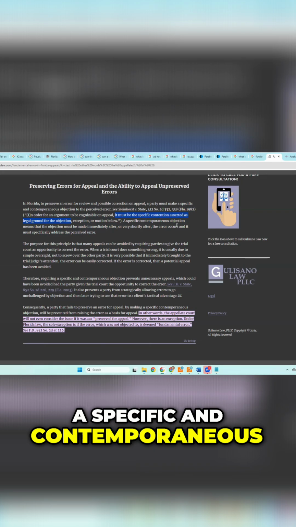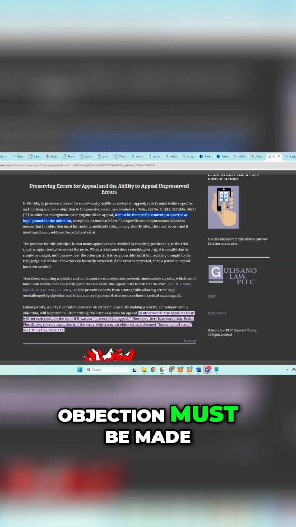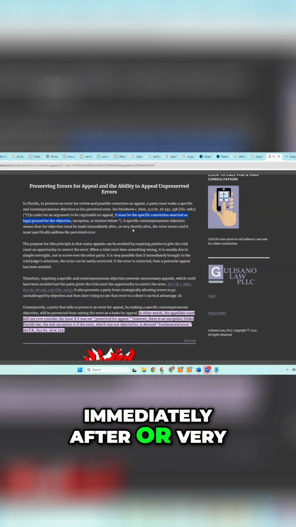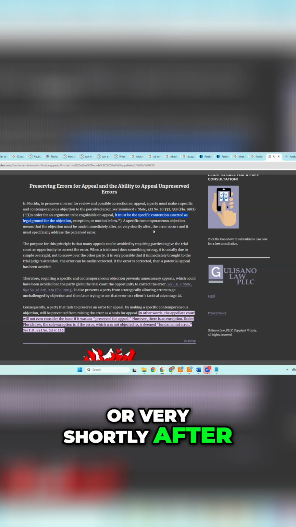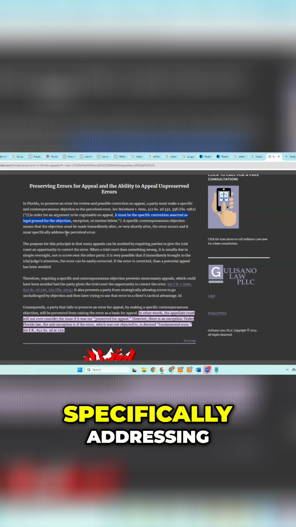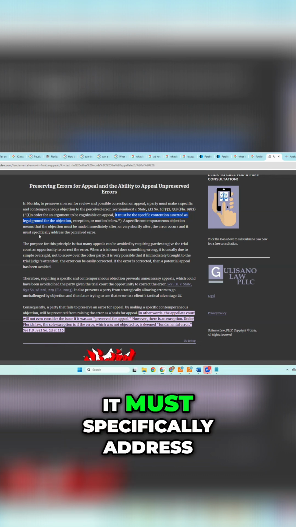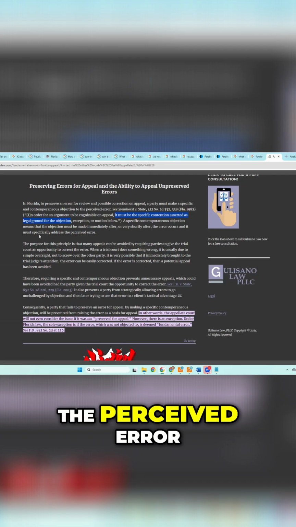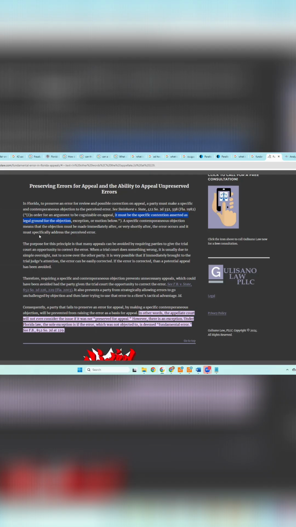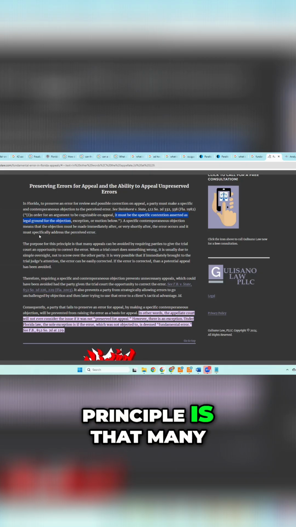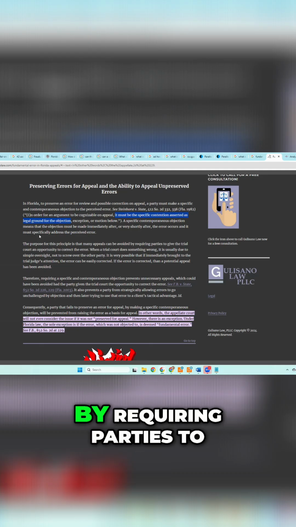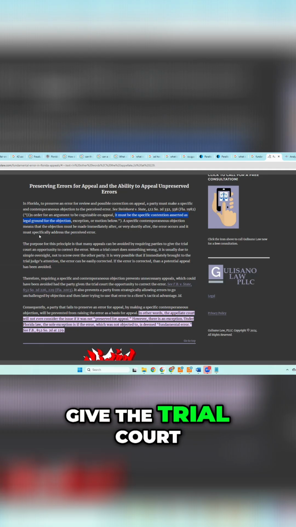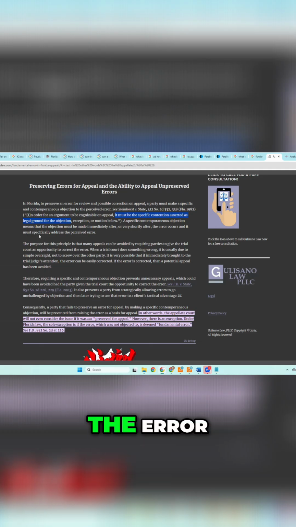A specific contemporaneous objection means that the objection must be made immediately after or very shortly after the error occurs, and it must specifically address the perceived error. Now, there's a way to get around that, but we've already gone over that. The purpose for this principle is that many appeals can be avoided by requiring parties to give the trial court an opportunity to correct the error.